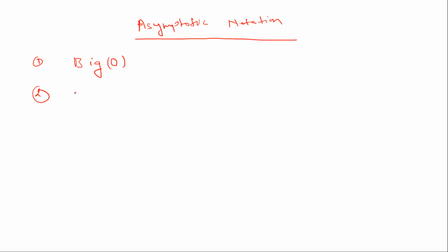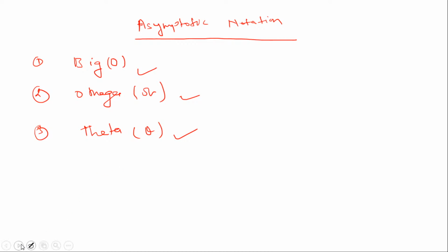Second, omega. Third, theta. So these are the three types of notations: big O, omega and theta, and we will explain each one by one.